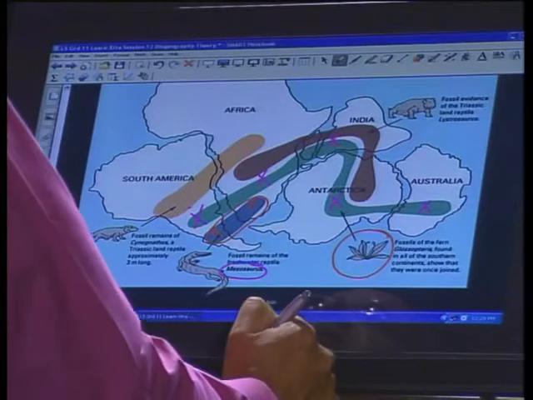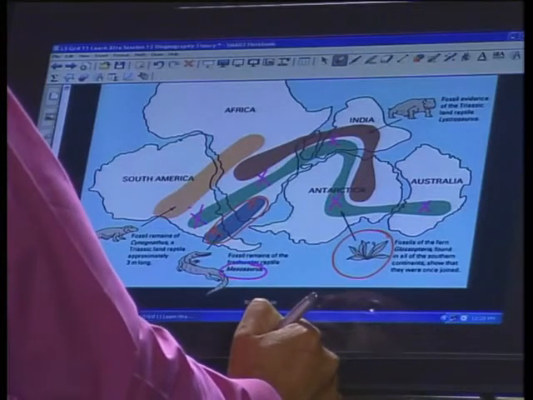So the idea was that if you find fossils for the same organism on different land masses, in other words, if you look at 1, 2, 3, 4, 5 different continents, that basically meant that at some point these continents were connected to each other.